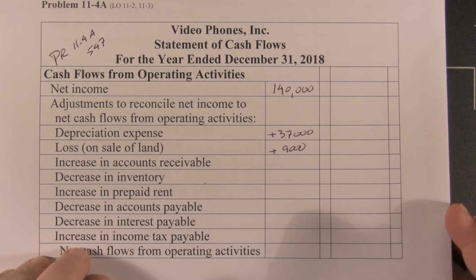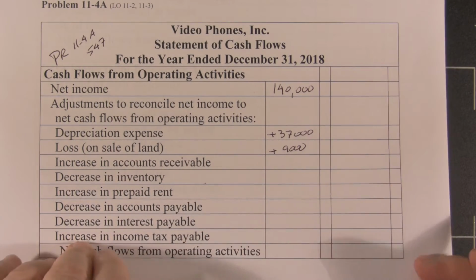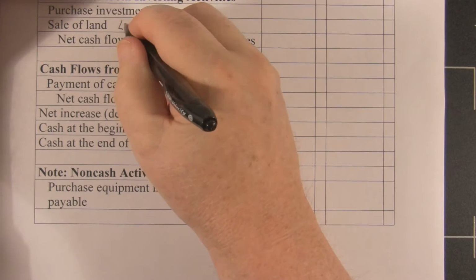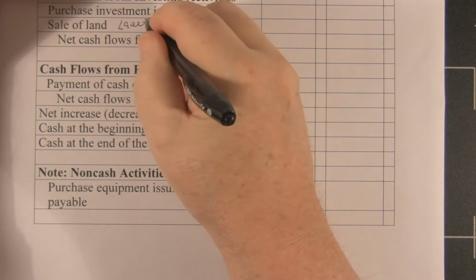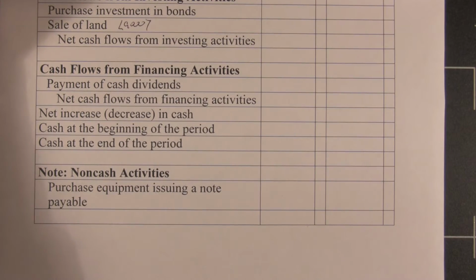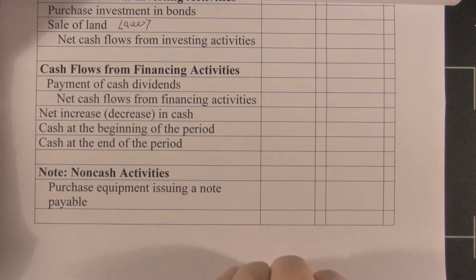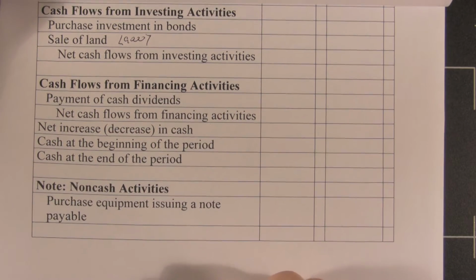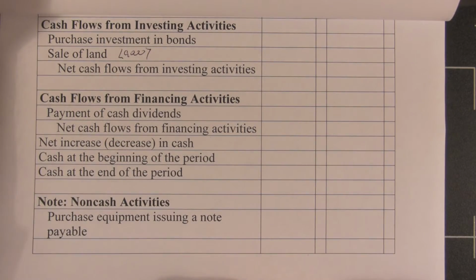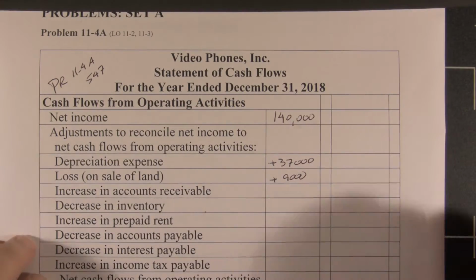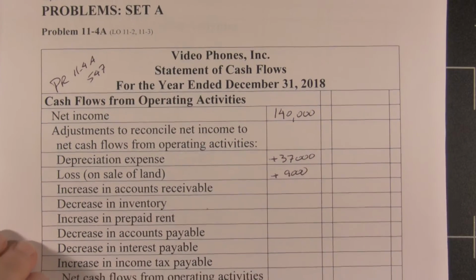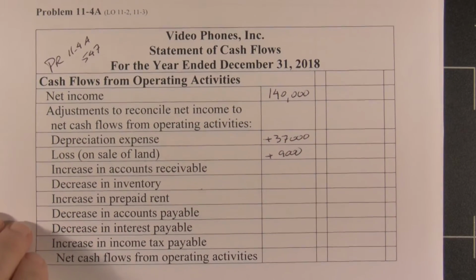But I would recommend that you immediately come on over here and make a note that you had a $9,000 loss. Okay? It's just easier to do it right away so you don't forget about it. There's so much stuff here that it's easy to forget about some pieces, and we just don't want to do that.